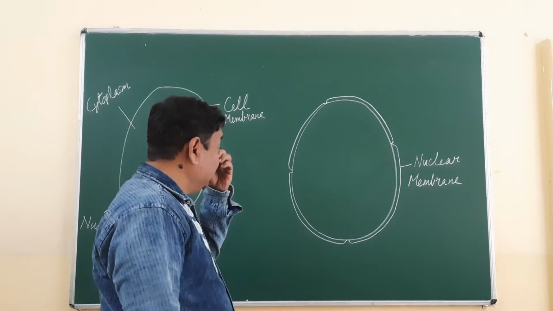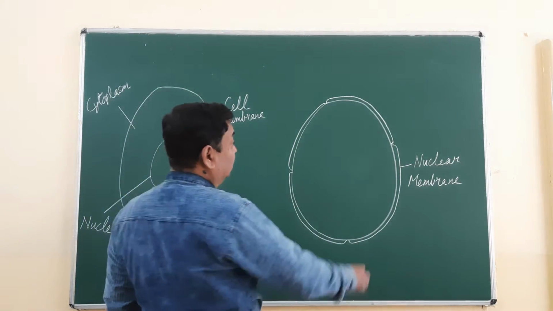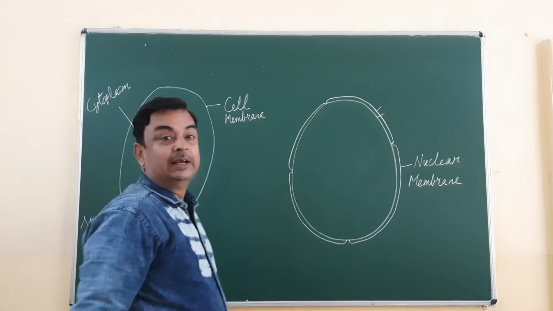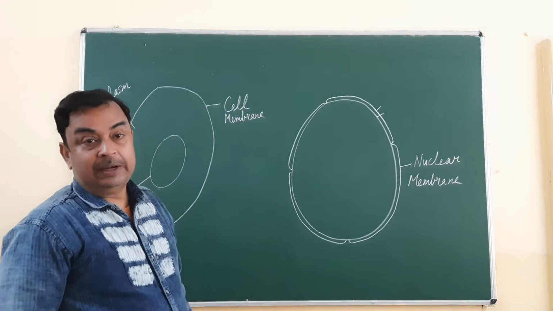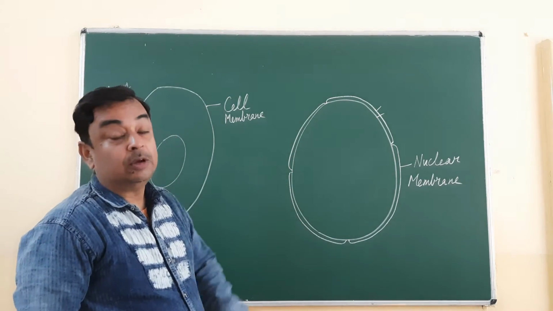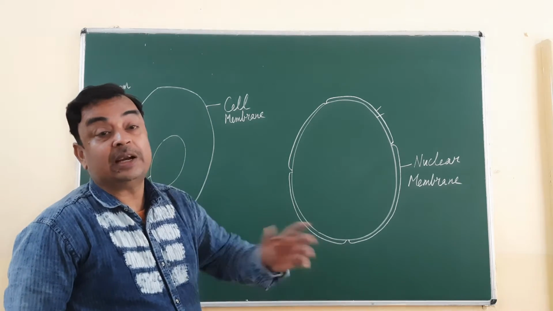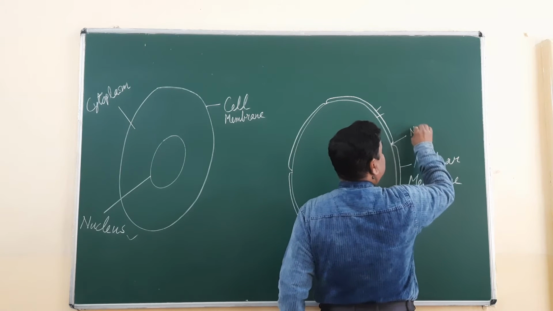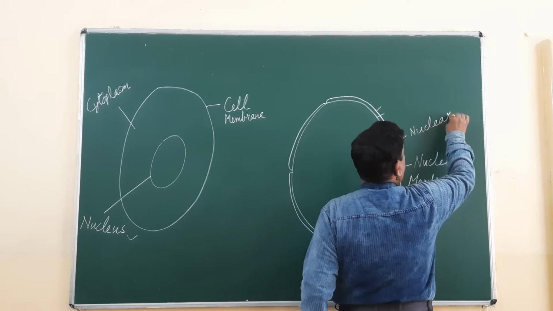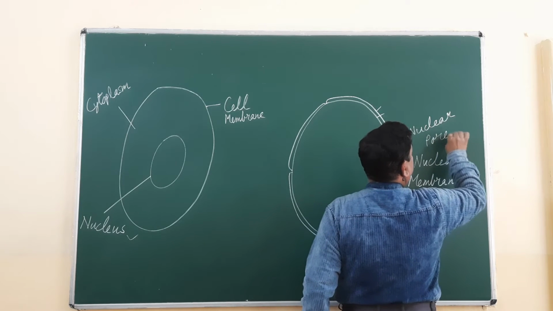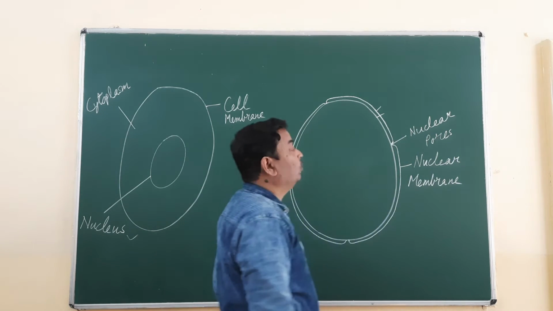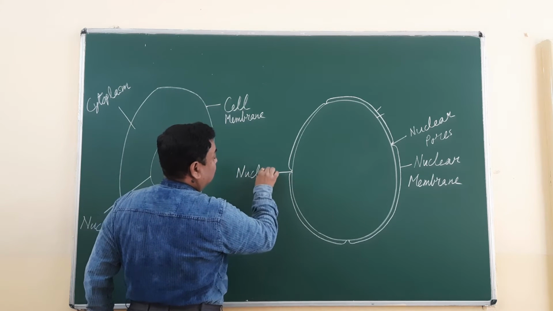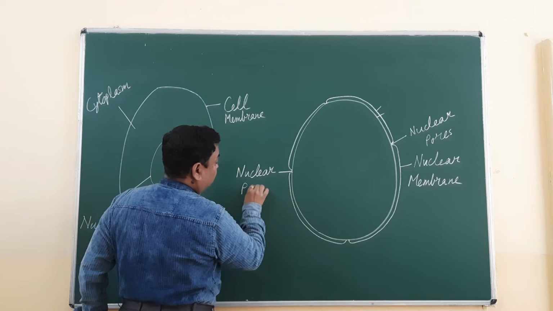It is generally a double membrane, children. You can see double membrane, 1 and 2. That's why it is called a double membrane, and in between there are some pores through which materials are exchanged. These are the pores, children, known as nuclear pores.